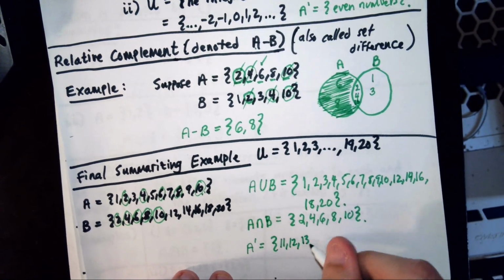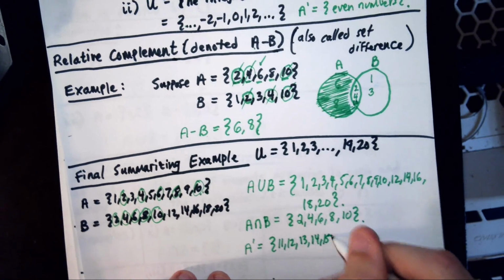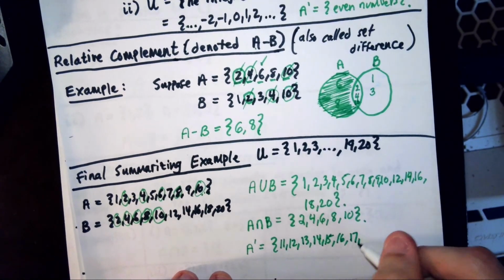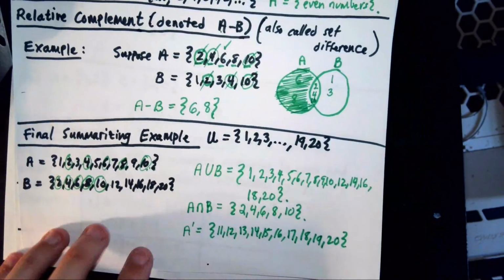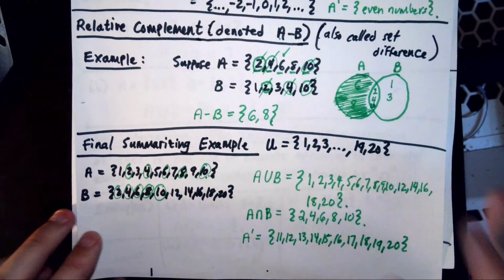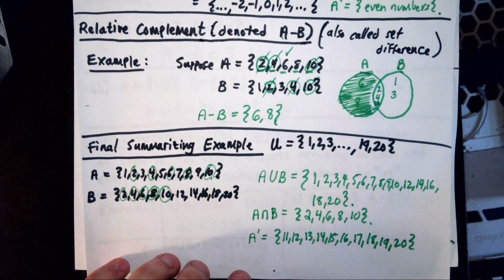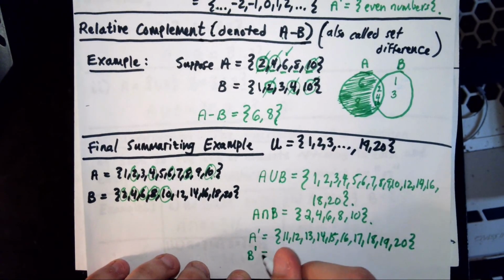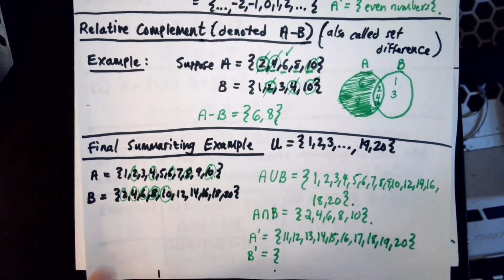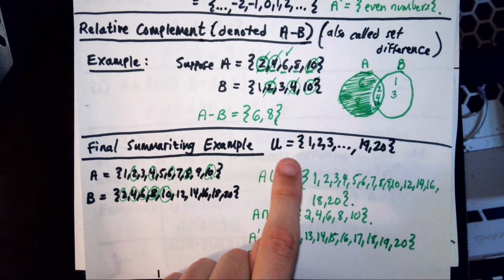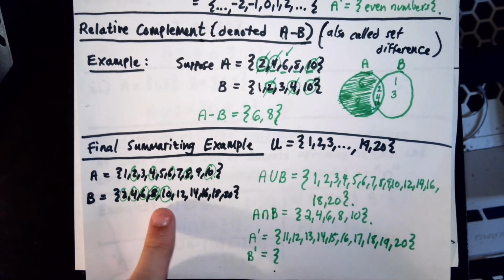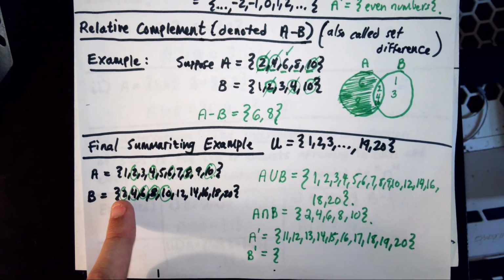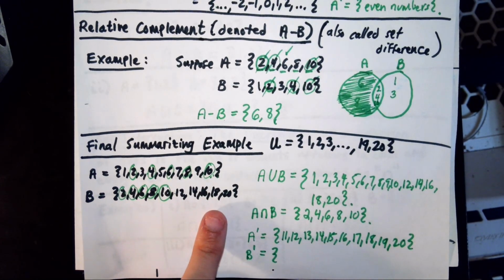So I'll write that here. I'll write every number out rather than using ellipses, just to be as clear as possible. All right, awesome. So now we've got A complement. We can do the same thing with B complement. B complement is everything from the universal set that is not in B. So notice B is the even integers from 2 to 20. So we need to get everything else.